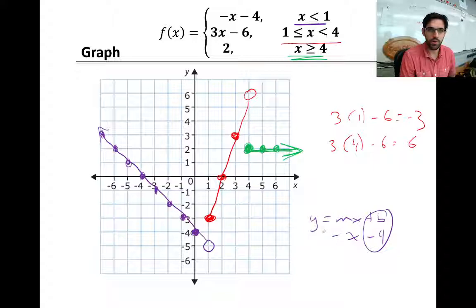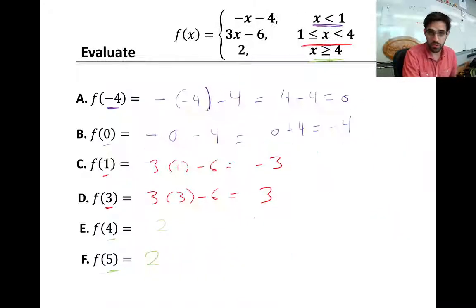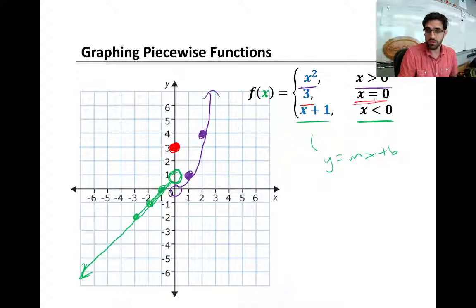Alright, another graphing one. So again, like we said, the first two expressions are linear, and the last one is just a value 2. In this case, unlike the previous one we graphed, the answer is 2 whenever x is greater than or equal to 4. Before, it said when x is equal to a specific number, the output is 3.